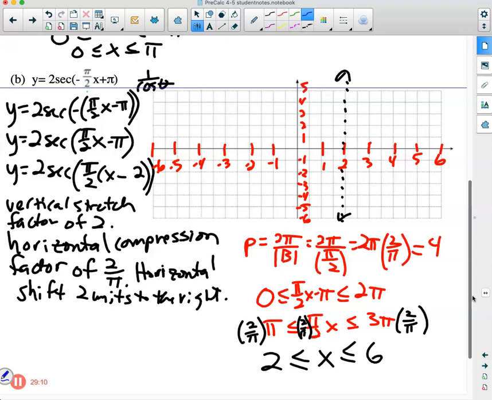And cosine starts high. We took that negative out of the picture because this is even. So we're going to start high, and where we have to start high is going to be where that phase shift is. And we have to go up 2. So now cosine: high, axis, down to low, axis, high. Follow the pattern backwards.